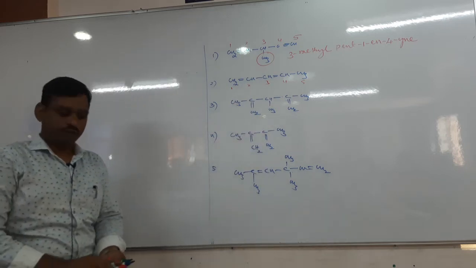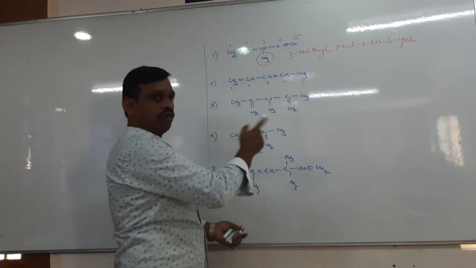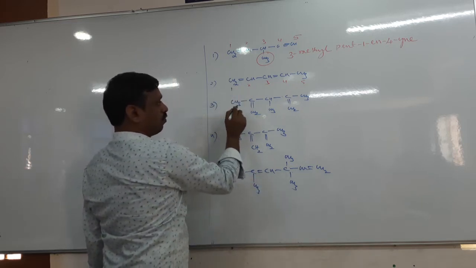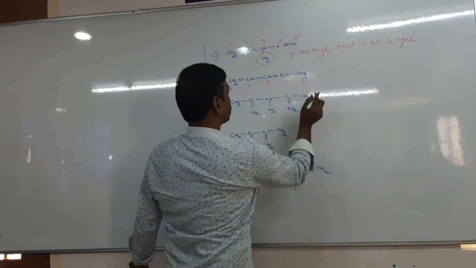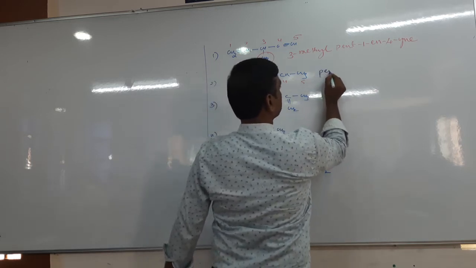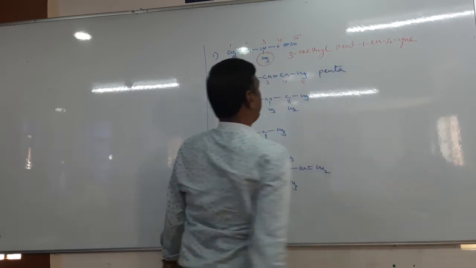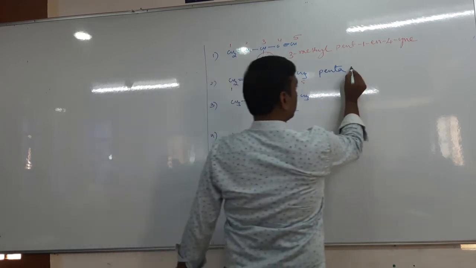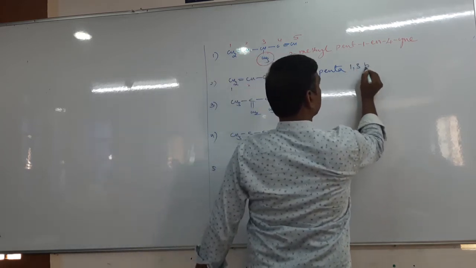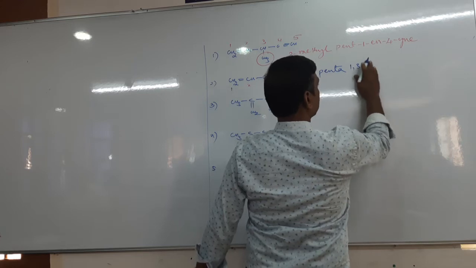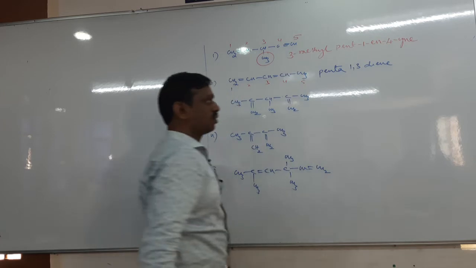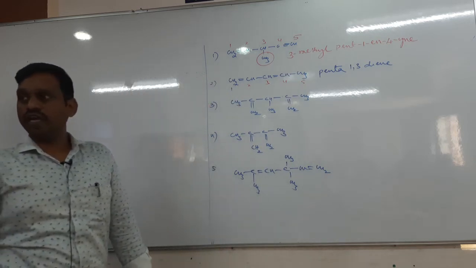So where the lowest sum comes from left to right, therefore it is penta, pent plus a, penta-1,3-diene.